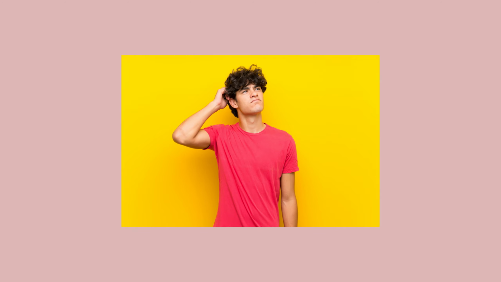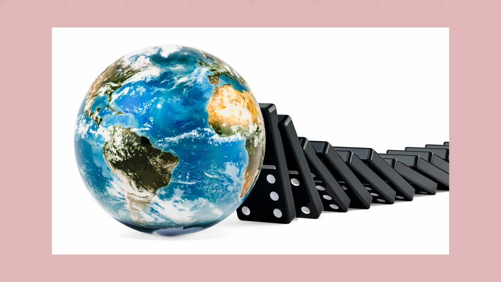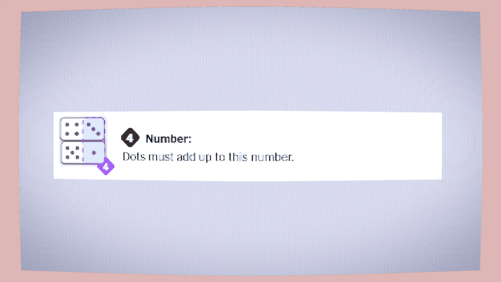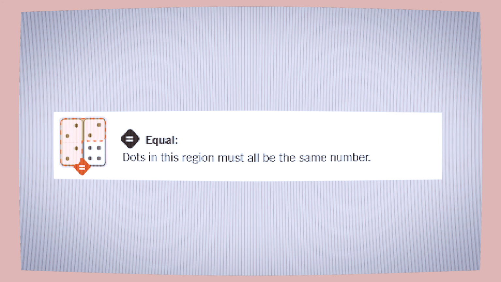For anyone who doesn't know what Pips is and doesn't want to watch my last video on it, it's dominoes but more complicated. The game works by trying to fill in a grid with dominoes, but there are also extra restrictions. Number: dots must add up to this number. Equal: dots within this region must all be the same number.